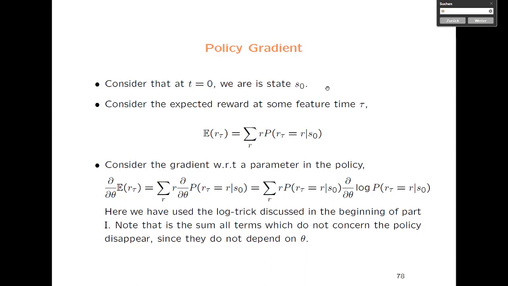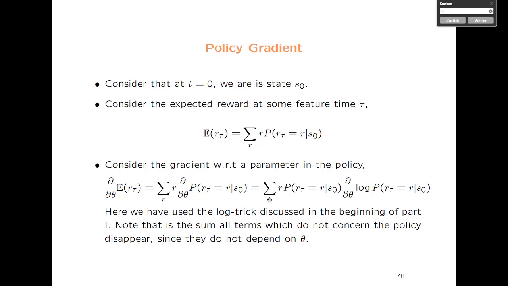We can now try to calculate the gradient with respect to a parameter in the policy. So we're taking this expected value and taking the derivative with respect to the parameter. Then we are substituting this equation, so it's the sum over r of r times the partial derivative of the probability that r is observed at time tau, given s0.